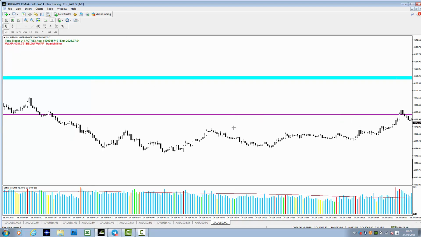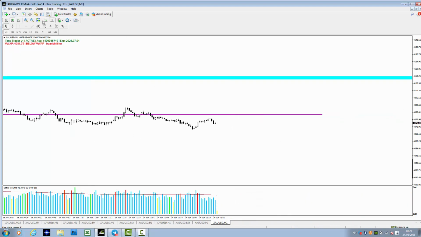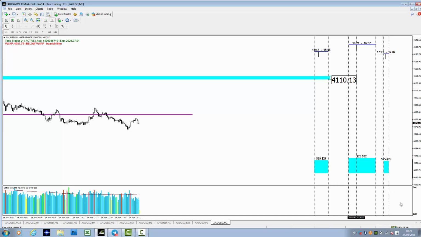It actually will show you a range. So here we've got 25 to 27, here we've got 25 to 32, and here we've got 25 to 26. It's looked back in history at when volatility is likely to come into the market, and it's found a $25 to $27 move here, and a $25 to $32 move.